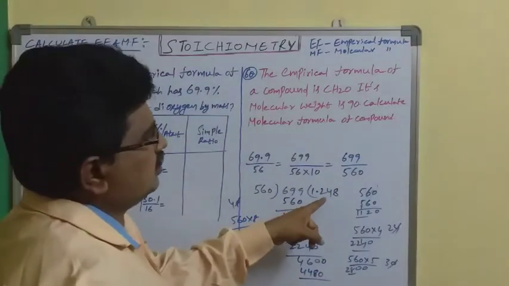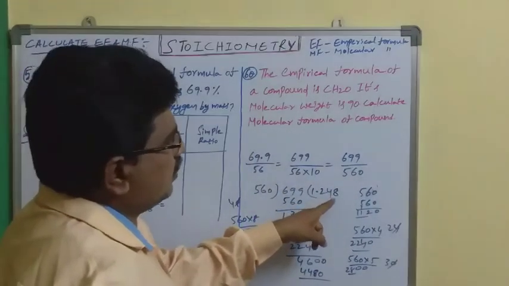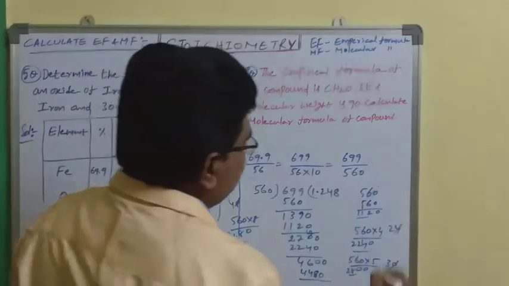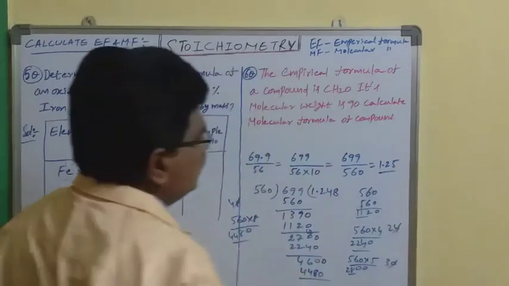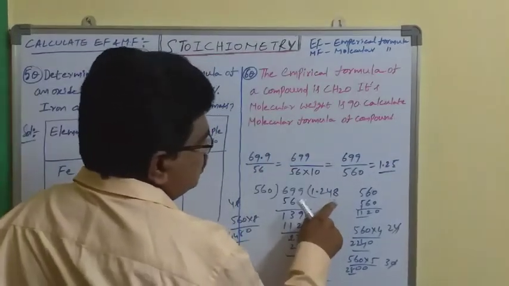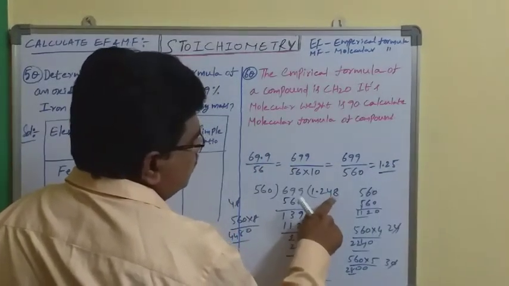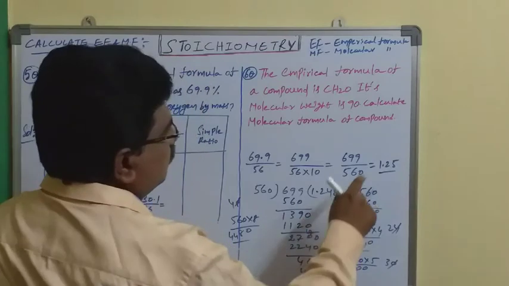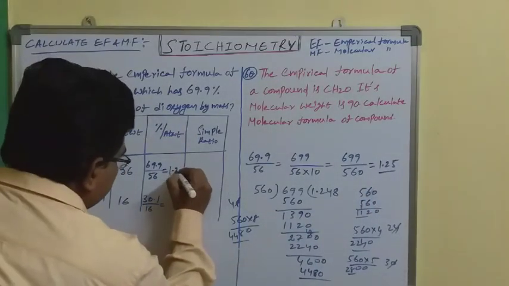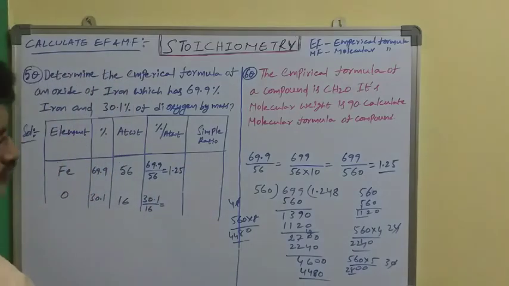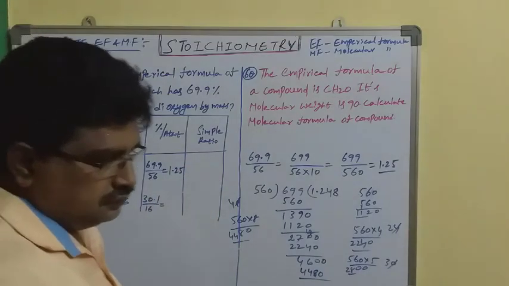So we got 1.248. One digit we have to round, so we take 1.25. Note this one.